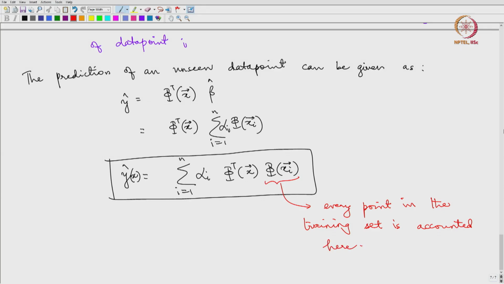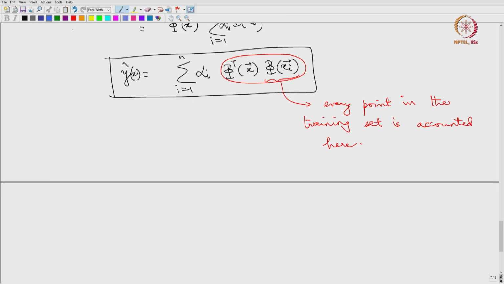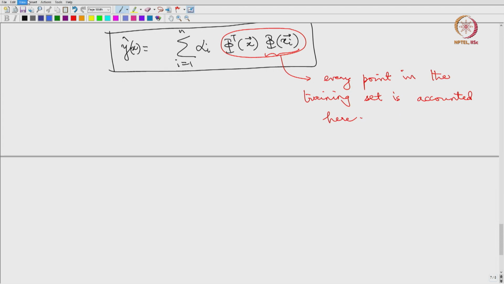Okay. The other interesting thing which has happened because we wrote kernel ridge regression in this manner is this is essentially an inner product, and if you remember what we had done with support vector machines, whenever you have an inner product you can actually introduce a kernel function.